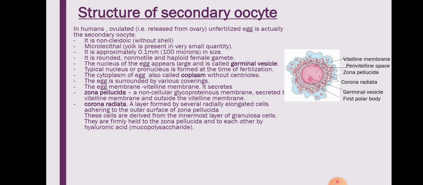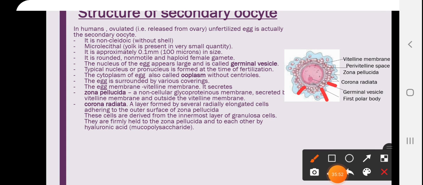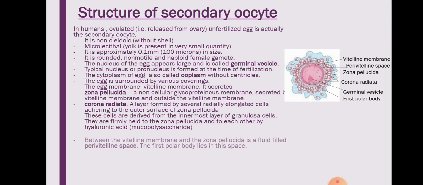These cells are formed from the innermost layer of granulosa cells, firmly held to the zona pellucida and to each other by hyaluronic acid, which is a mucopolysaccharide. You can see these cells radiating, so they are called corona radiata. They are attached to each other and to the zona pellucida very firmly.